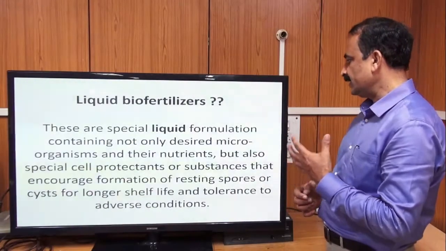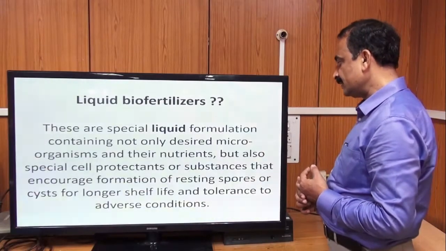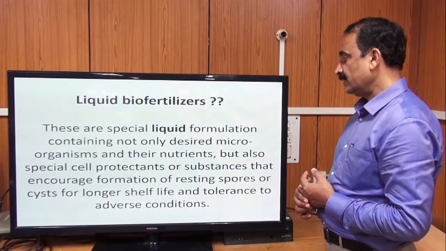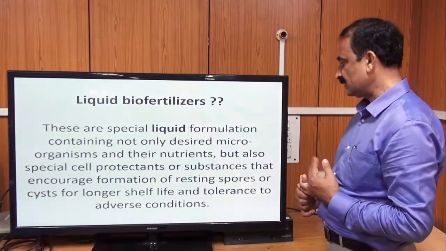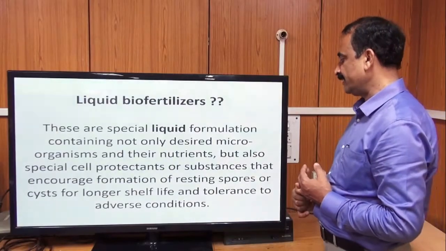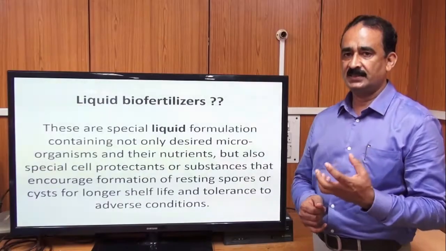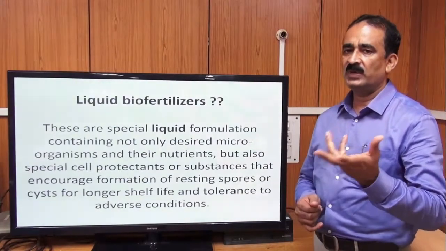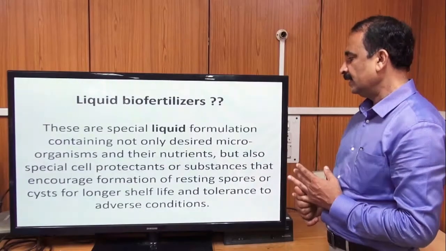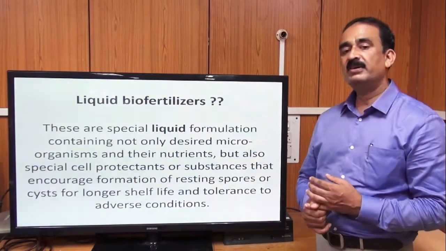So it is a desired combination of the desired microorganism and their nutrients, but also a special cell protectant which helps the resting of the spores, substances that encourage formation of the resting spores or make a cyst. That is a cyst, you can say it is a dormancy period of the microbial cells, for longer shelf life and tolerance to the adverse condition.